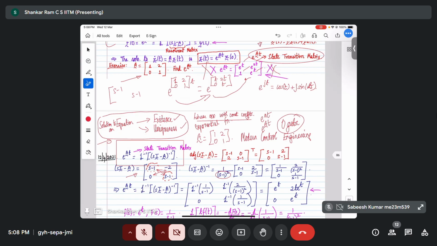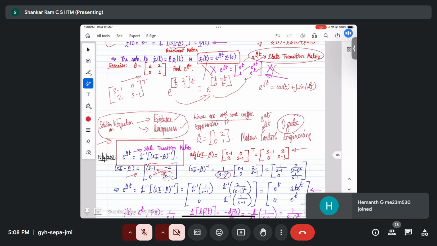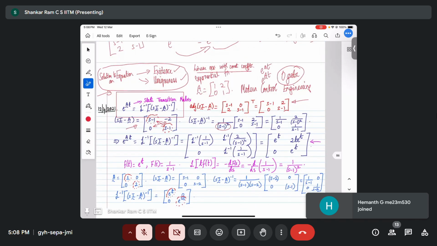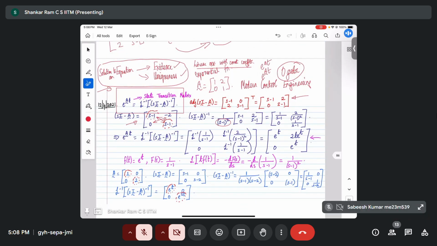We swap the off diagonal terms and multiply them by minus 1, so they become 2 and 0, and then we take the transpose. So the adjoint of this 2 by 2 matrix happens to be s minus 1, 2, 0, and s minus 1. Now we substitute that, simplify, and take the Laplace inverse.